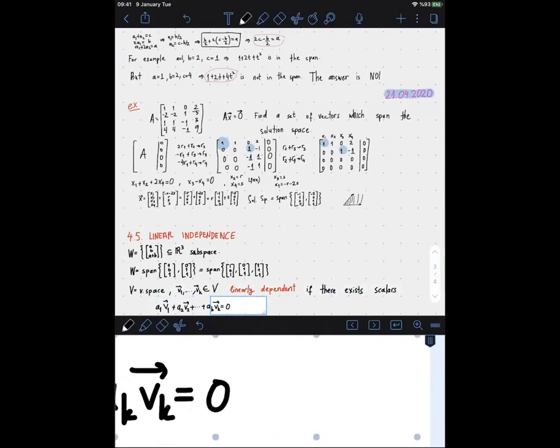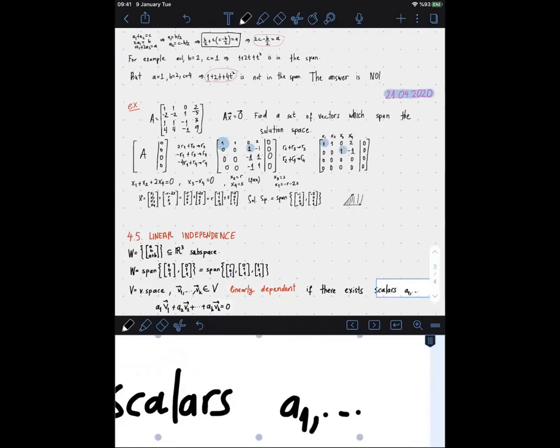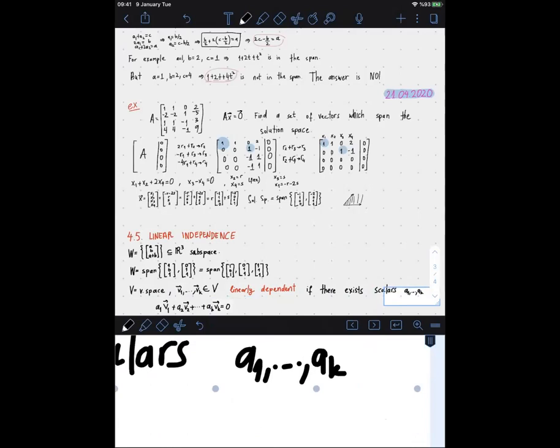So if there exist scalars a1 to ak, and there's an important word here, so I have to write it: not all 0.